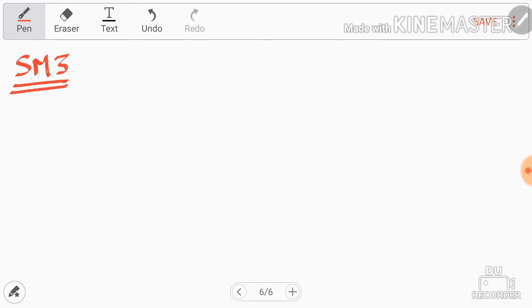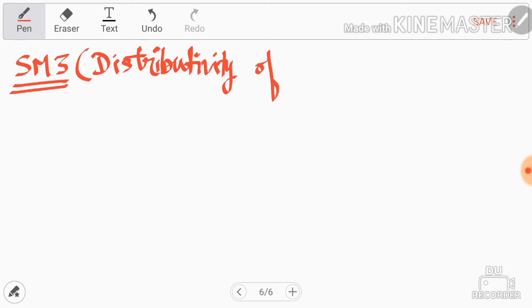Now let's talk about the third property of scalar multiplication, which is another version of distributivity. But this is distributivity of the usual plus over scalar multiplication. Now what do you mean by the usual plus?